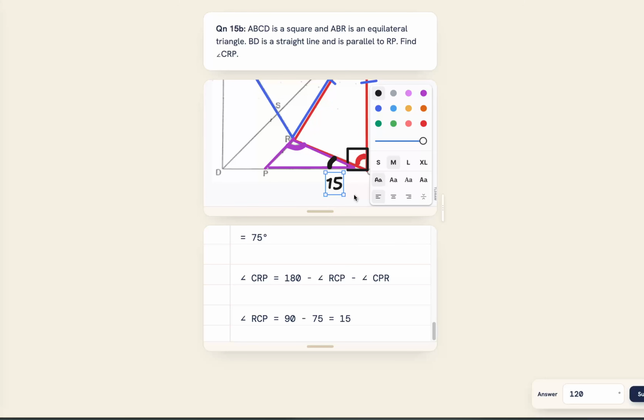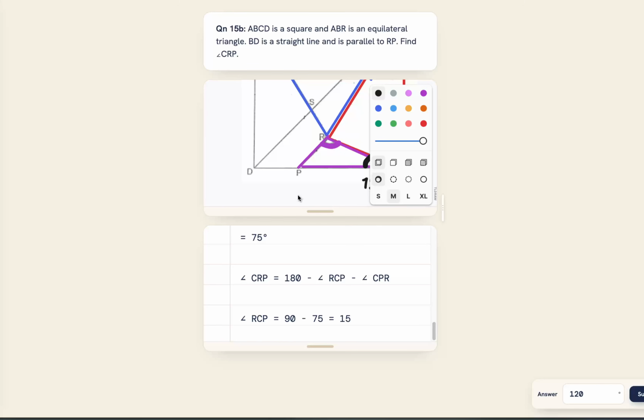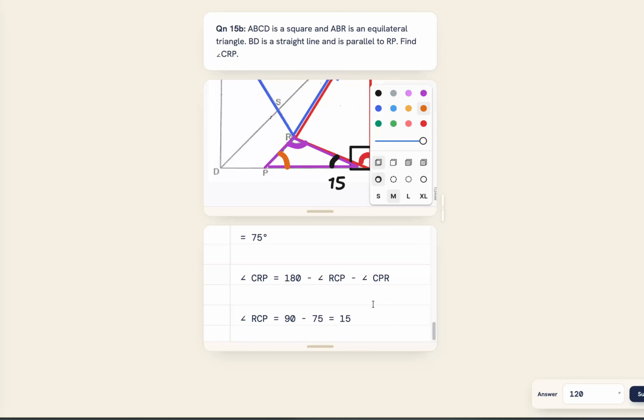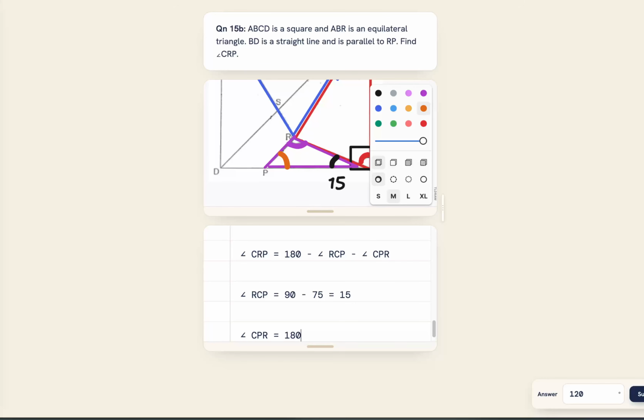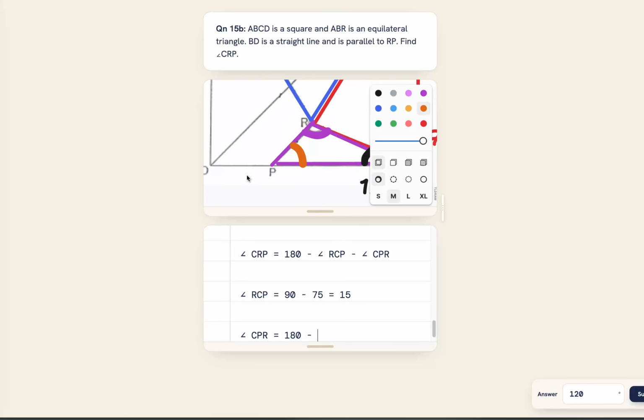Now the next thing is we need to find angle CPR, which I'm going to highlight in orange over here. For angle CPR, it's 180 minus angle DPR, which I'll put in black color over here. Can we find angle DPR? Yes, we can.